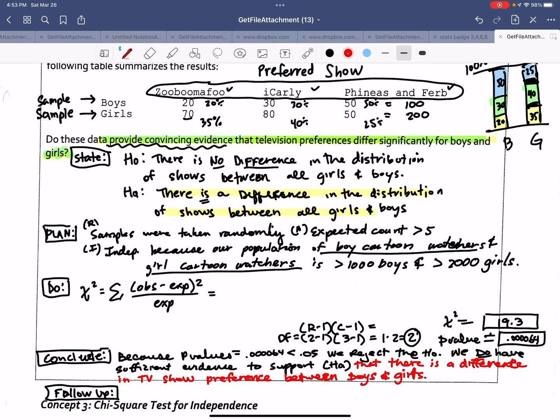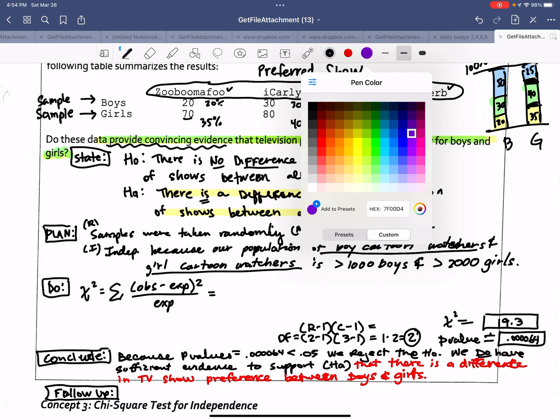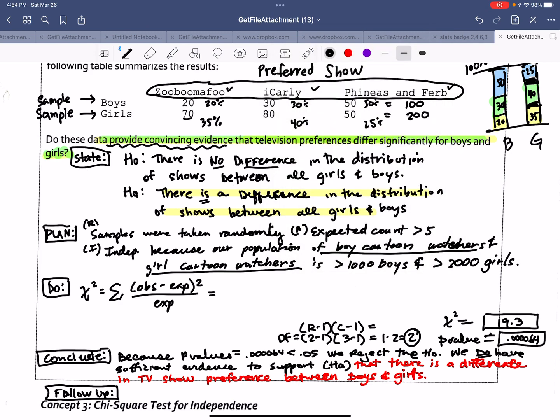Okay, now let's get into the calculations, because I think that's what's going to really show us what did we observe? Well, we observed 20, but our expected said 30, okay? We observed 30, but we expected 36.6 repeating.